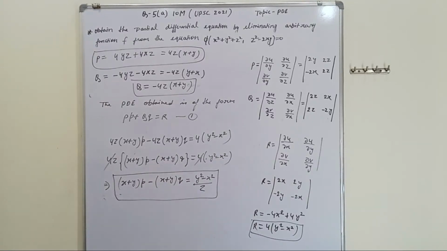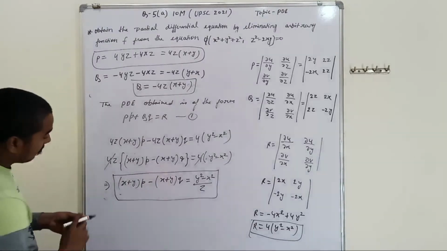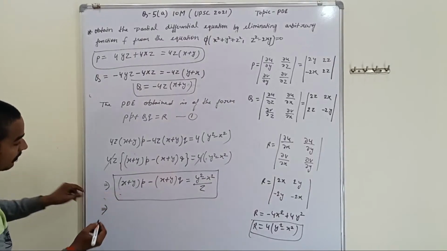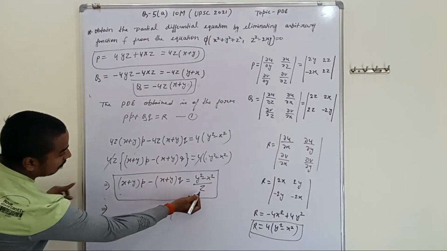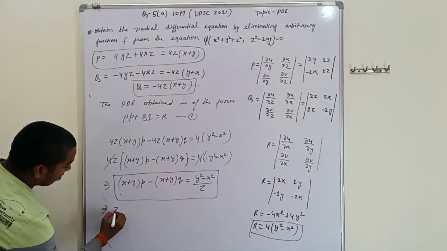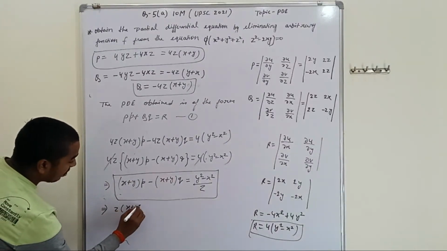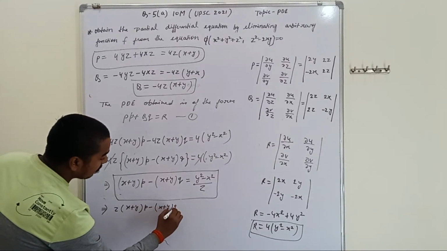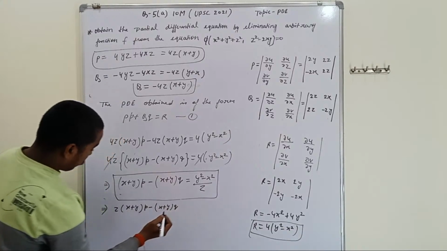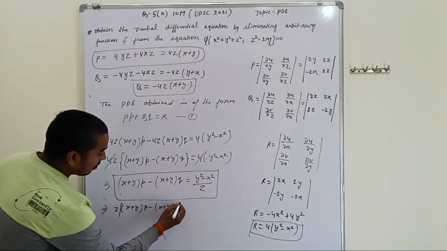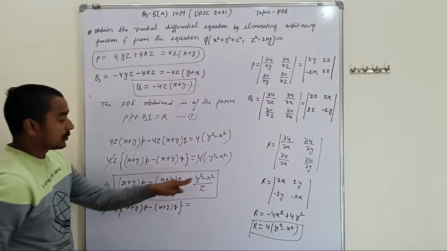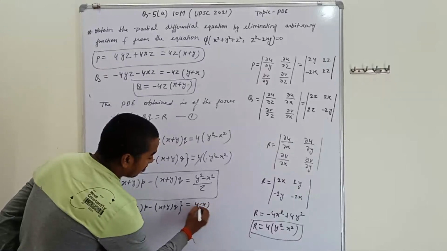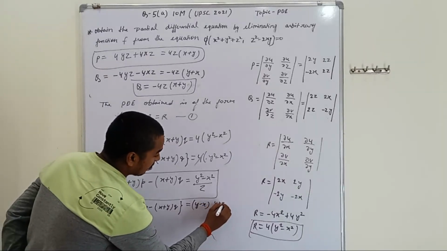We can also further proceed. Taking z, again by cross multiplication, that is z times x plus y into p minus x plus y into q is equal to y square minus x square, which is written as y minus x and y plus x.